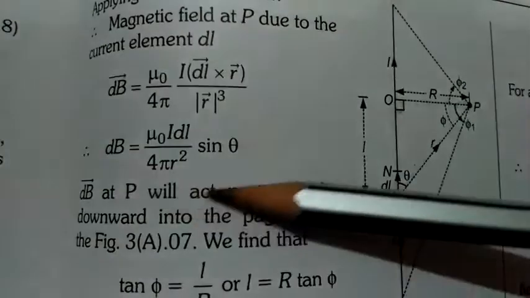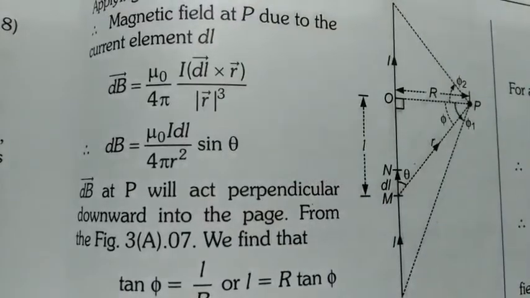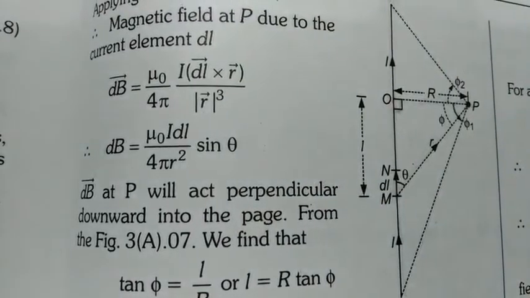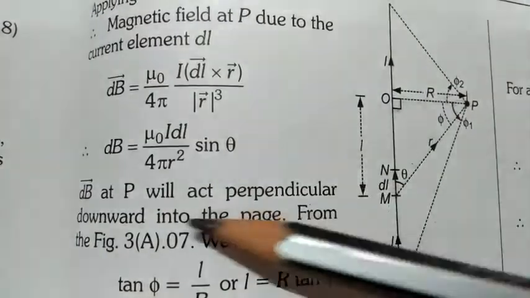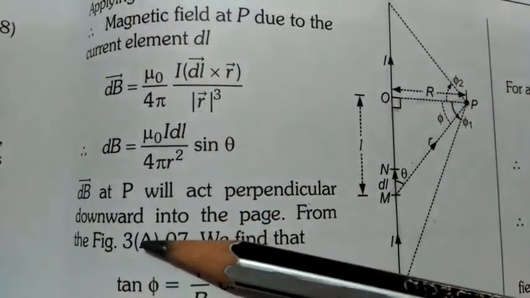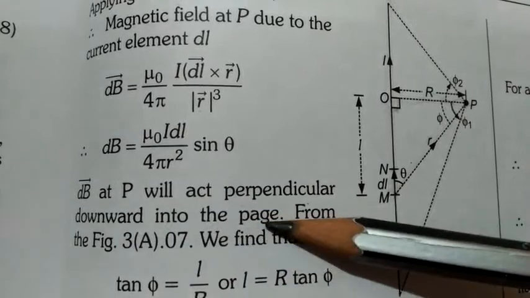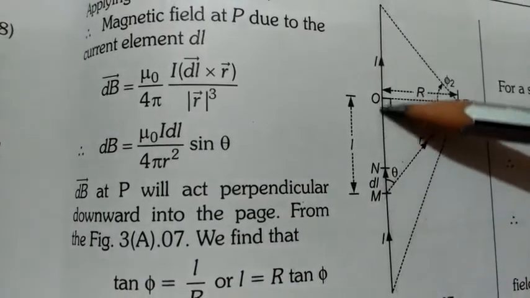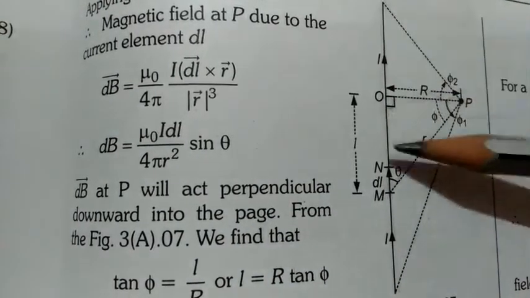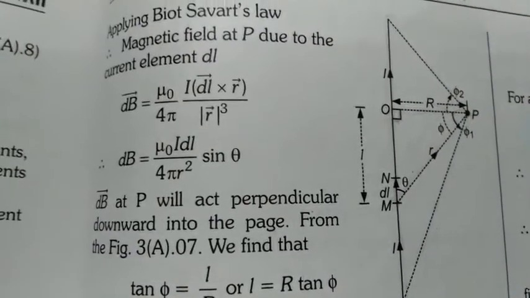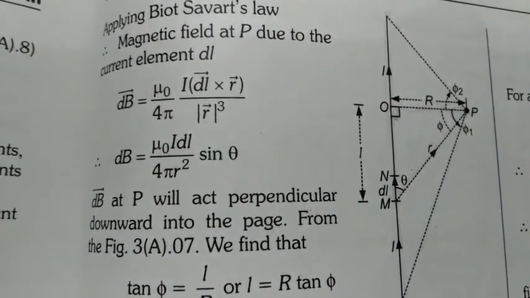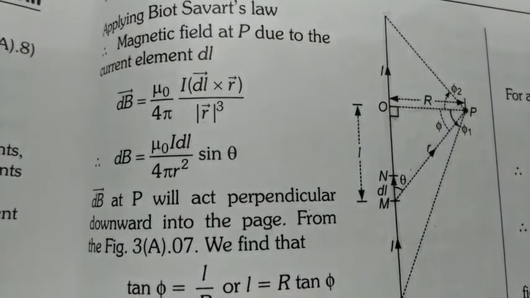Here dB, the magnetic field, will act perpendicularly downward into the page as the current is flowing upward. The magnetic field direction at point P will be downward, perpendicular to the page.